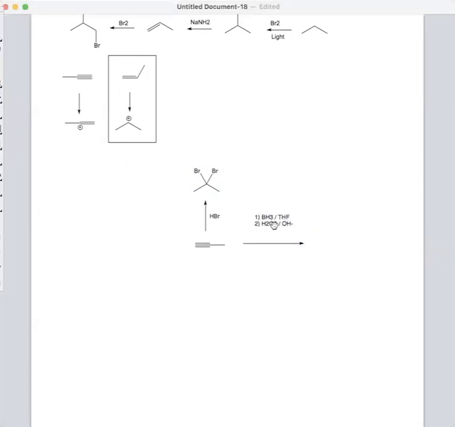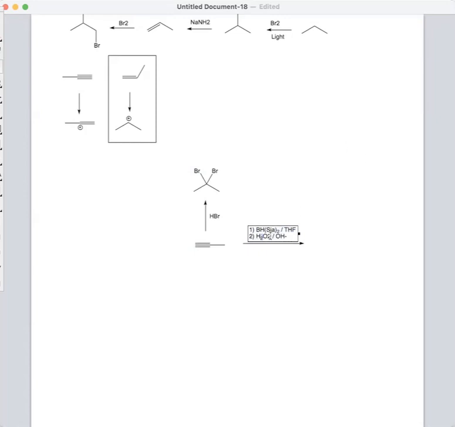So here, when we have a terminal alkyne, we need to use a bulky borane, remember. That's disiamylborane, because we want to avoid the side reaction of the terminal alkyne. So keep that in mind. We need to use a bulky borane. So that leads to an enol.